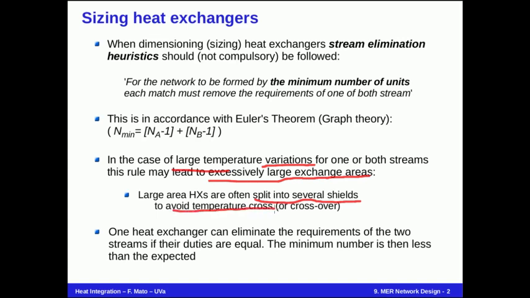But here we are dealing with hypothetical heat exchangers, not the real ones. These should be designed afterwards in all detail. Besides, one heat exchanger can eliminate the requirement of the two streams. This is rare but possible. In this case, the minimum number is less than expected.